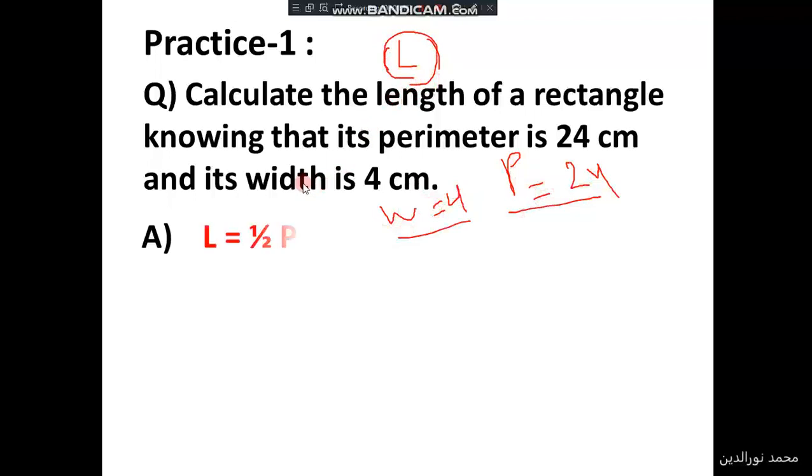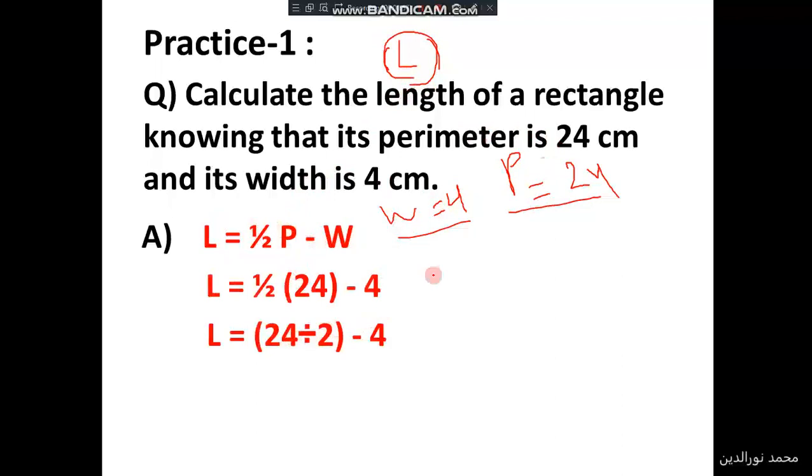So I write the rule: length equals half perimeter minus width. The perimeter is 24, so 24 divided by 2, minus the width 4. 24 divided by 2 is 12, minus 4, so the length is 8 centimeters.